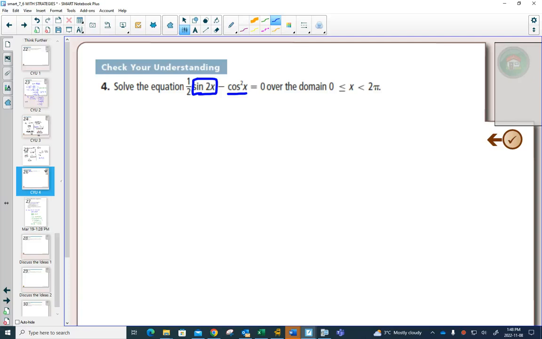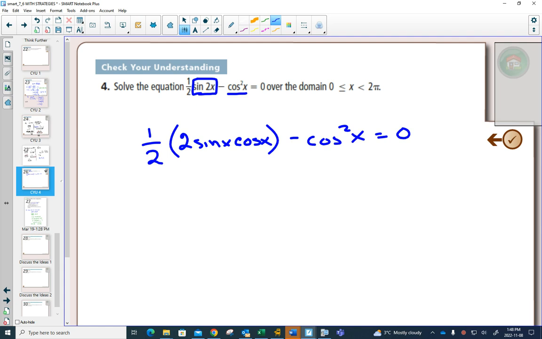So the first thing we're going to do is take the sine 2x and use the formula to change it to 2 sine x cos x.